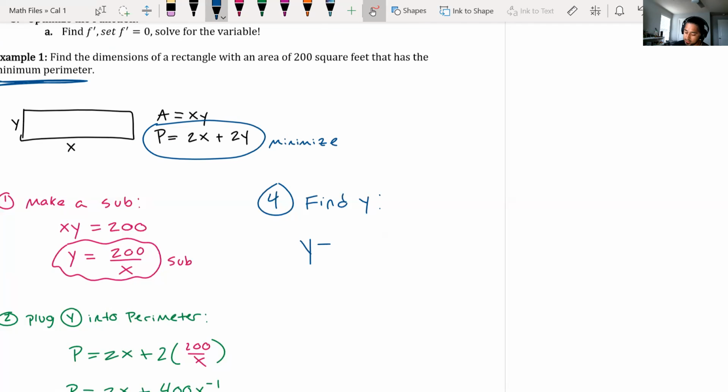So we're going to have y equals 200 over our x value of 14.14, and 200 over 14.14 is still 14.14 feet.